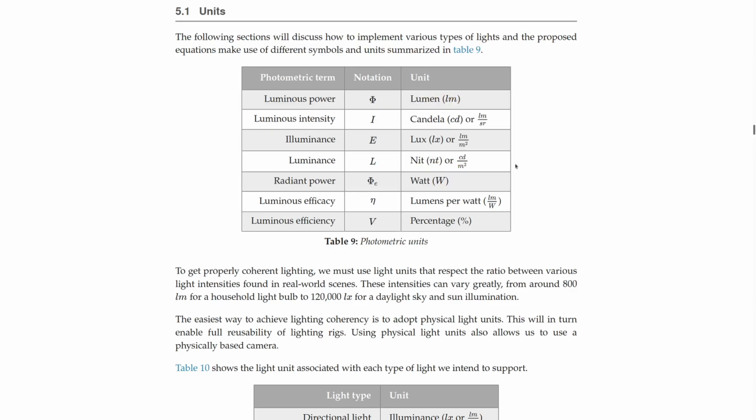Different than a lumen, I guess. Radiant power in watts. Luminous efficacy in lumens per watt, so that'd be maybe to model different types of light sources. Luminous efficiency as a percentage.